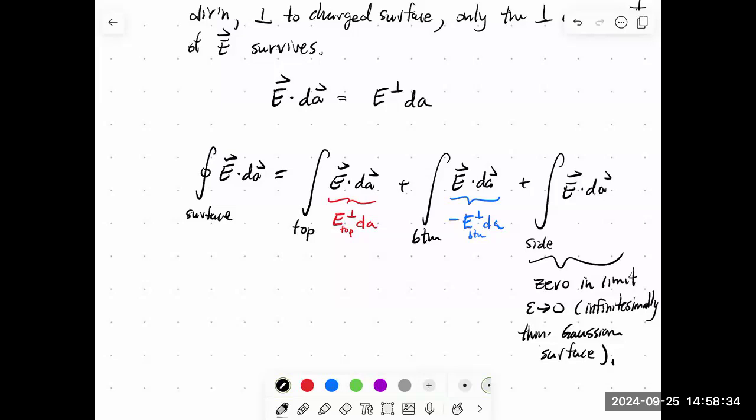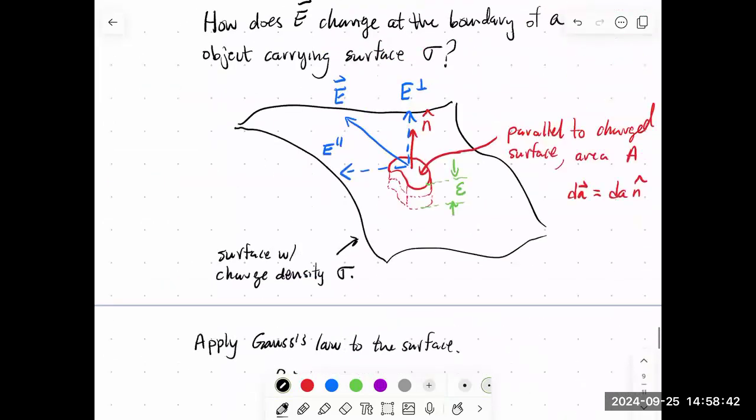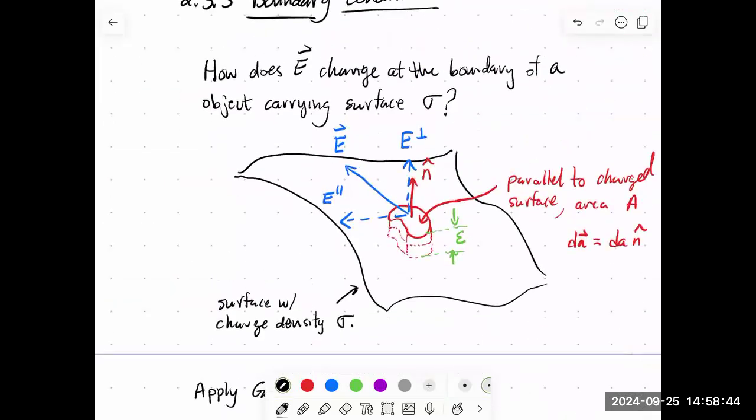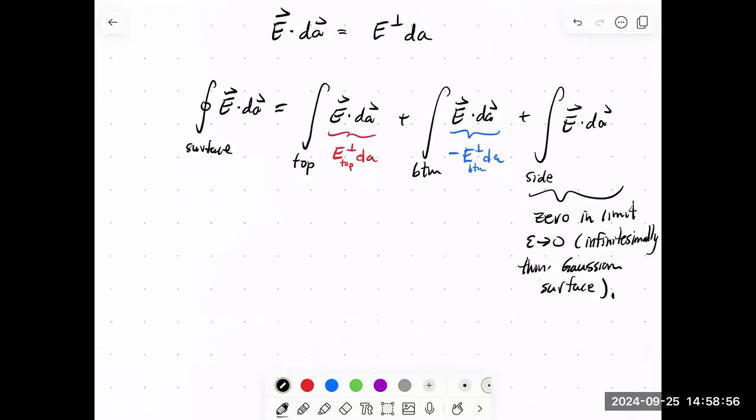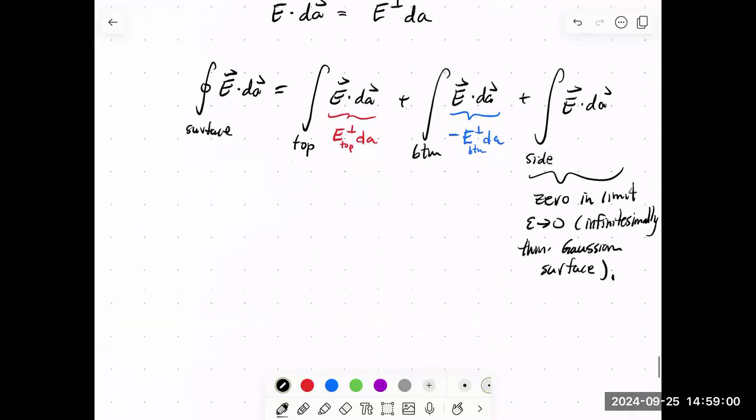And that would violate our assumption of an equilibrium conductor. So for conductors, there could be no E parallel component like I've drawn here. But for insulators, you can do that. So for insulators, we have to rely on this epsilon argument. For conductors, we have a second argument for why that side integral would be zero. Okay, so anyways, that's what we have.